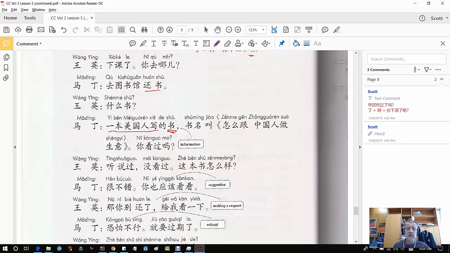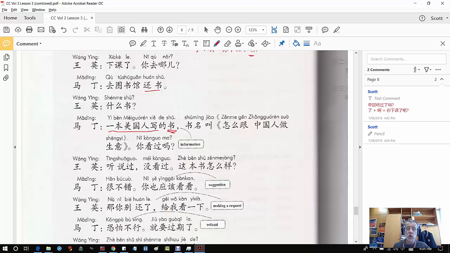If we look at this, we've actually got a couple of bits of information. 一本, so it's one book. 美国人, so American, 写的, so it is a book written by Americans. All of this underlined part here is what we continuously refer to as the attributive, because it's giving us more information about the attributes of the book. So it's a book that was written by Americans.